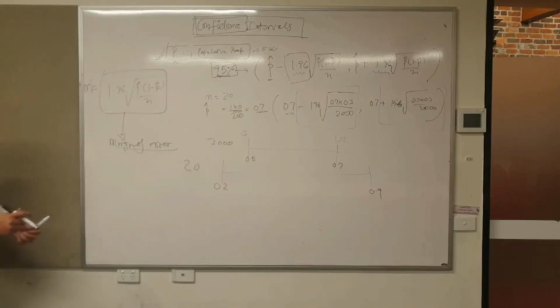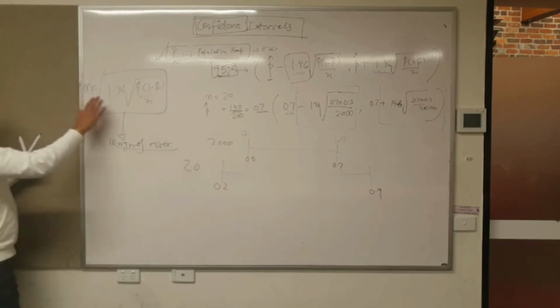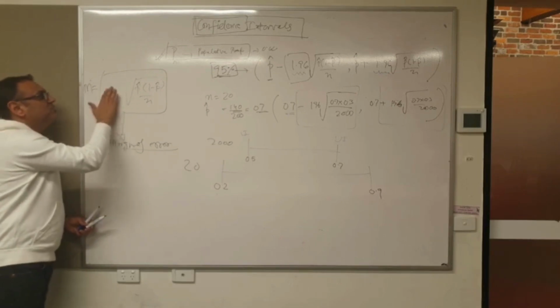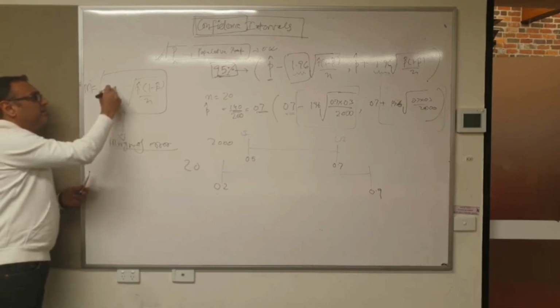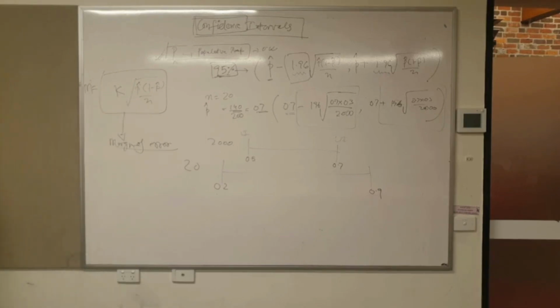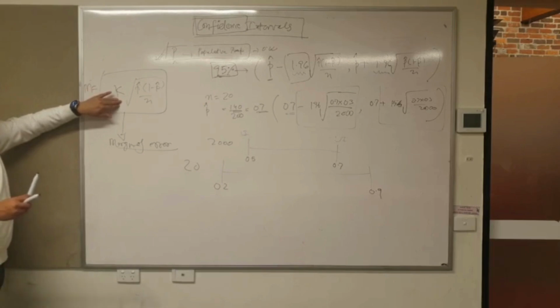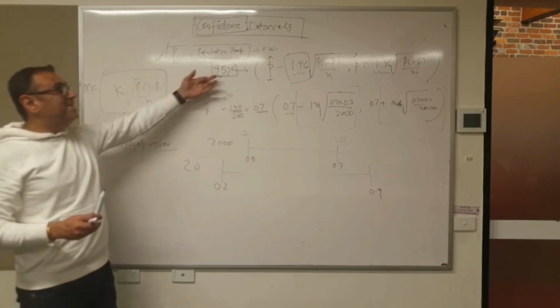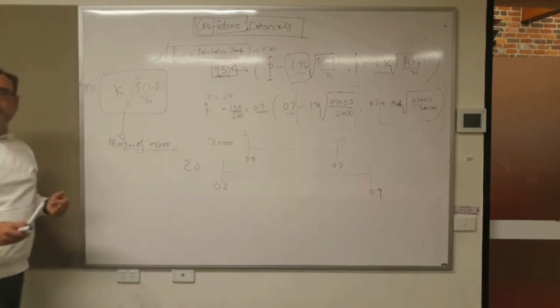All good? Now, this is 1.96, but that's for 95%. I just replace it by k. Your k could be any real number, and it is decided based on the percentage of confidence that you're after.